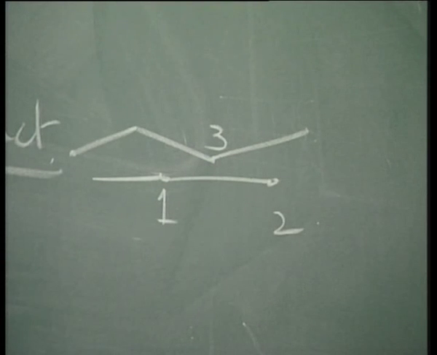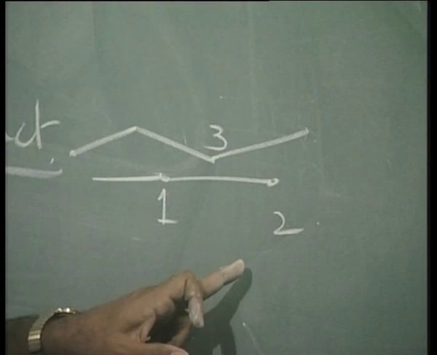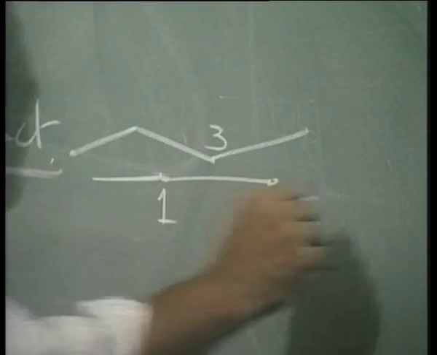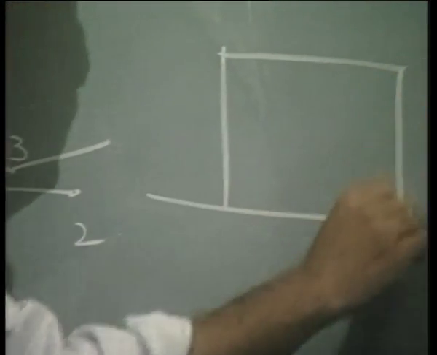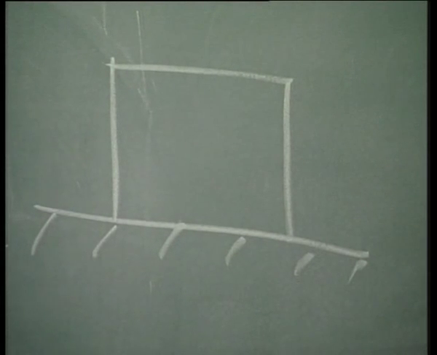Now, how do we define this? What is the picture I have drawn here? It is nothing but a part of the discretization, say, of a block sitting on a rigid surface.